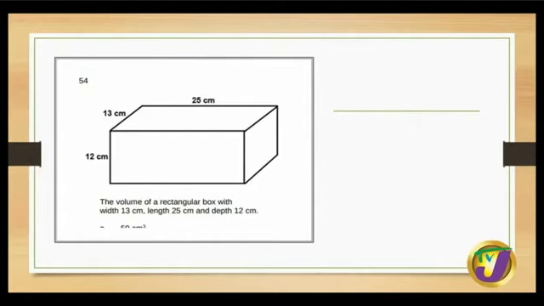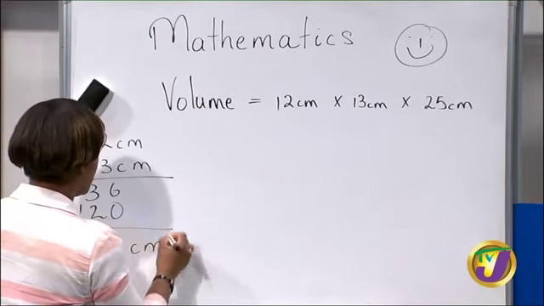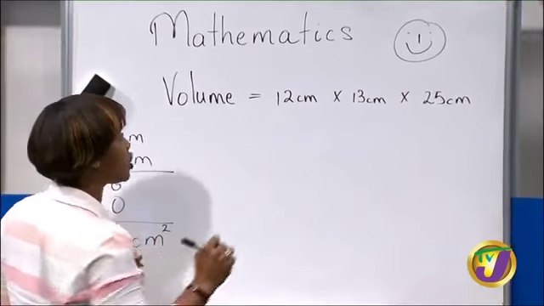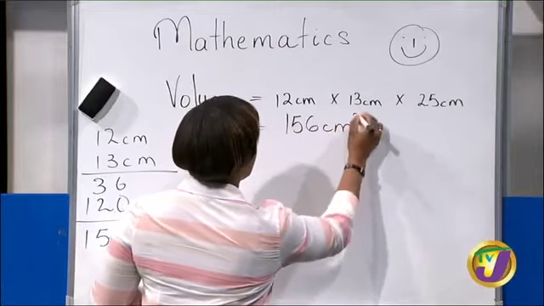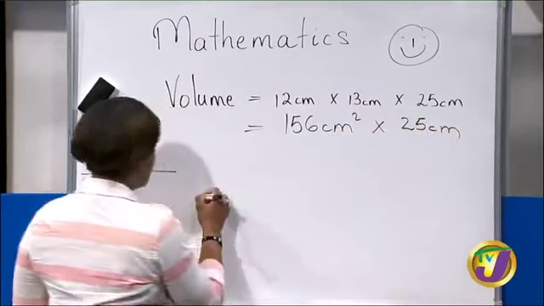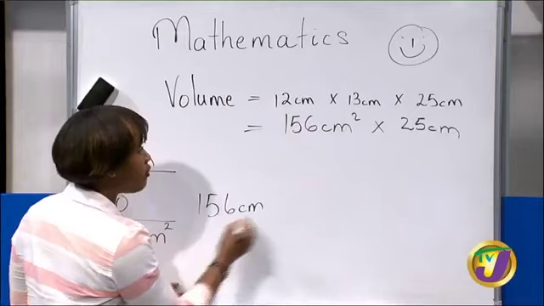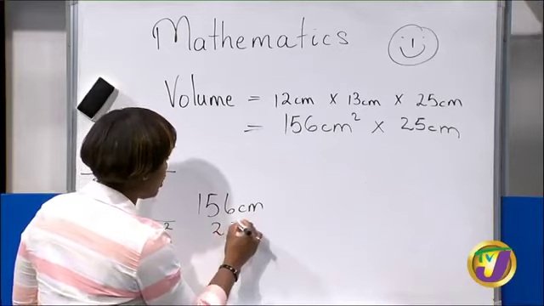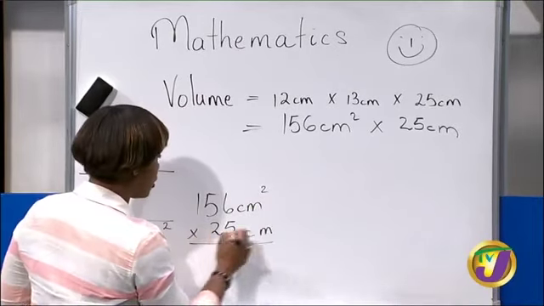So you're first working out, you'd get 156 centimeters multiplied by centimeter, so it is a squared unit. You can easily put it down like this, multiplied by 25. And you continue on your paper, where you will see space for rough work, and you will use that space to ensure that you get your correct answer.